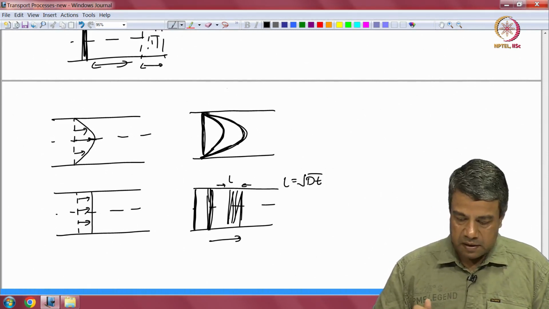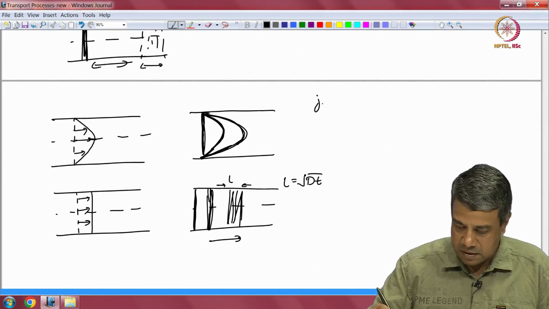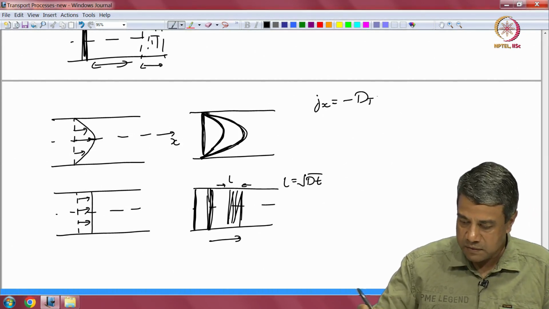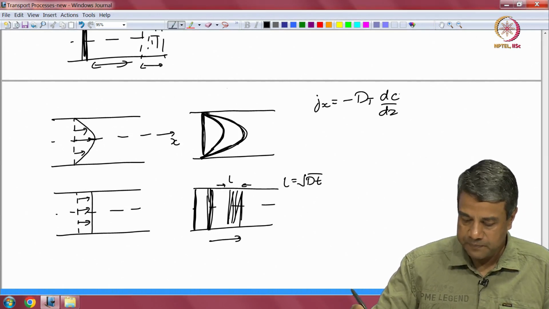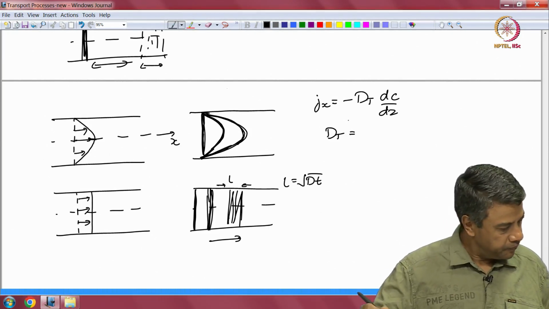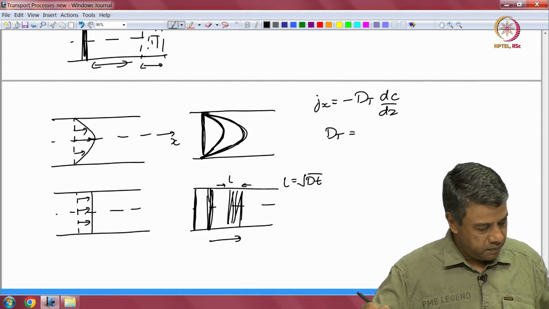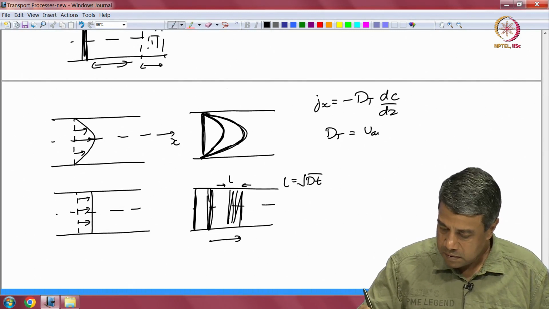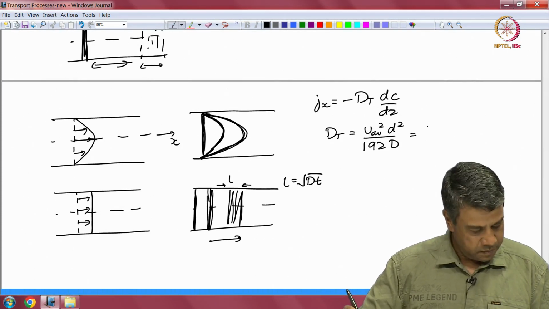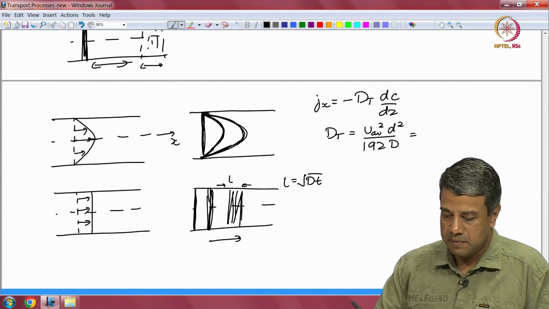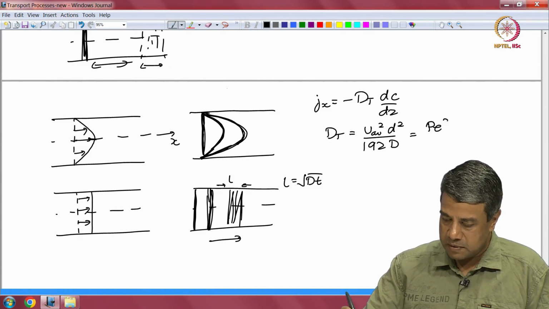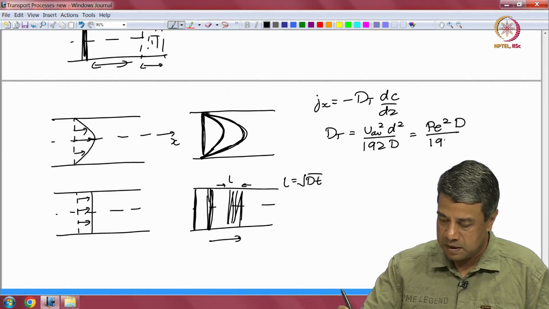Okay. In particular, the flux in the flow direction, if I call this the x direction, can be written as minus a Taylor diffusion coefficient times dc by dx, where this Taylor diffusion coefficient is equal to the average velocity squared, times the diameter squared, divided by 192 times the diffusion coefficient, or you can also write this as Peclet number squared into the molecular diffusion coefficient by 192.